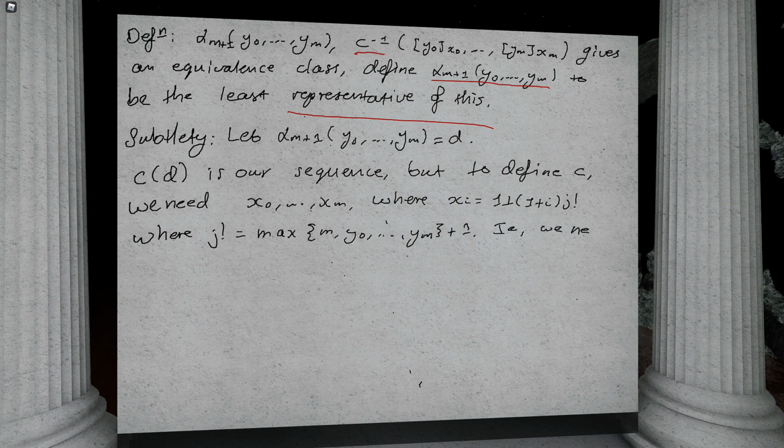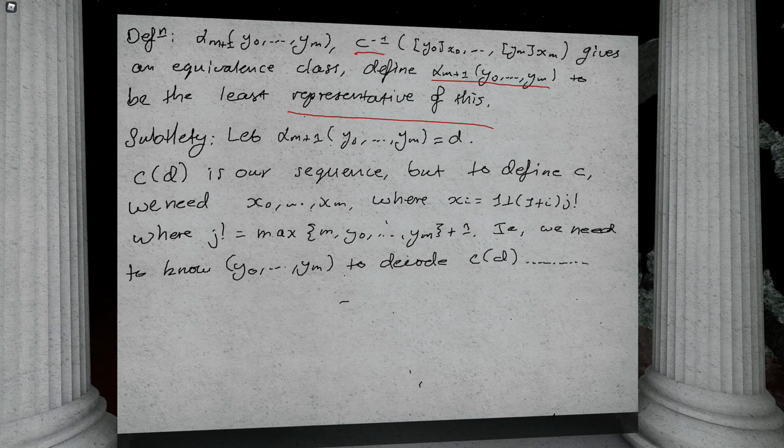That is, we need to know y naught down to ym to decode c of d.